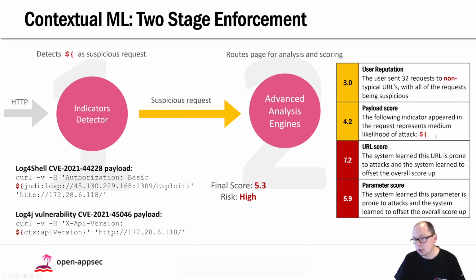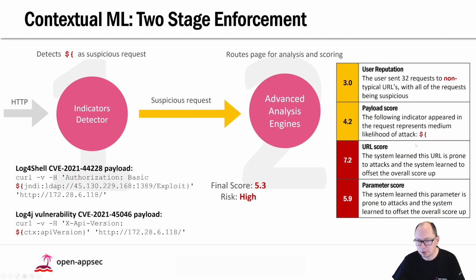The dollar curly brace already by itself has a pretty strong indication, because among the typical HTTP requests commonly used, this is not very common to be part of them. On the opposite, we see this being part of a lot of HTTP requests that are actually malicious. And then we also look at the URL score. We know that this specific URL is quite prone to attacks, and we also look at the specific parameter that's used here, and again adjust the confidence level.